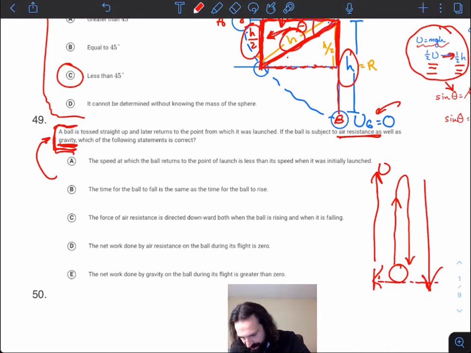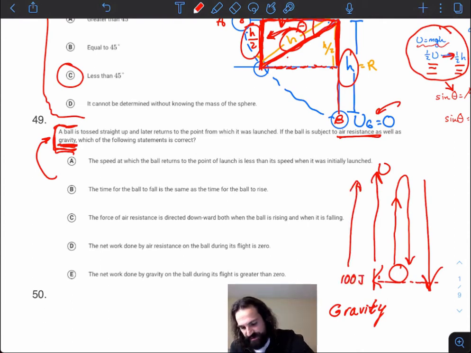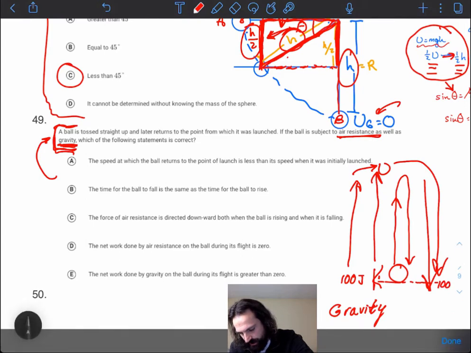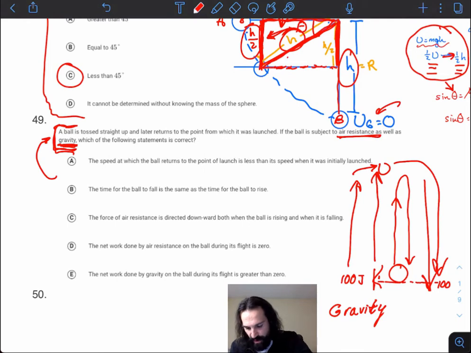And we can ignore gravity in terms of energy, because if we're including Earth as the system, 100 joules of kinetic without any other forces, well, because of the force of gravity, turns into gravitational potential energy, and then turns back into 100 joules of kinetic energy.